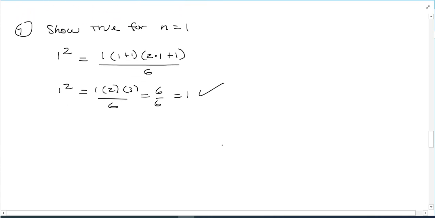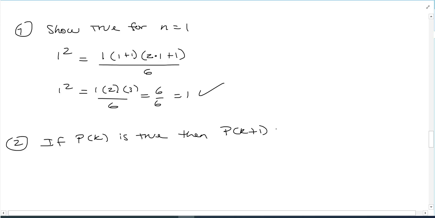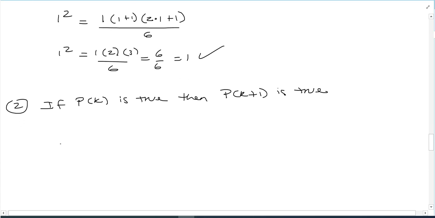The second principle of mathematical induction is an if-then statement: if P of k is true, then P of k plus 1 is true. With an if-then statement, you get to assume P of k. So let me write the assumption. The if statement means we assume the statement is true for n equals k.